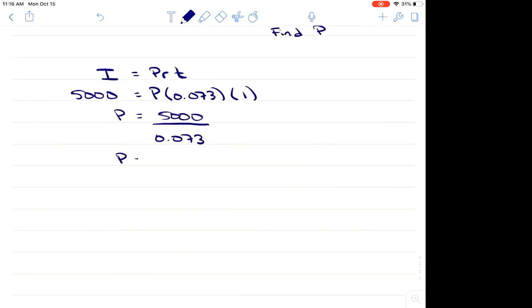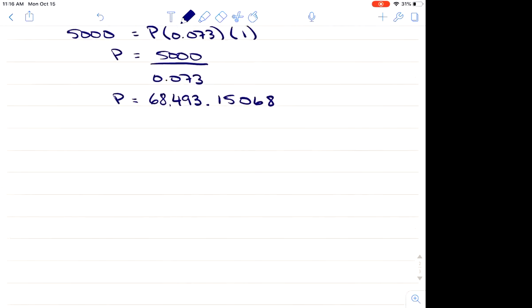So we have a principal investment of 68,493.15068. I'm just writing out all my decimal places so that you can make sure that your calculator is doing what it should, right? So P is money, right? Your principal amount that you invested.